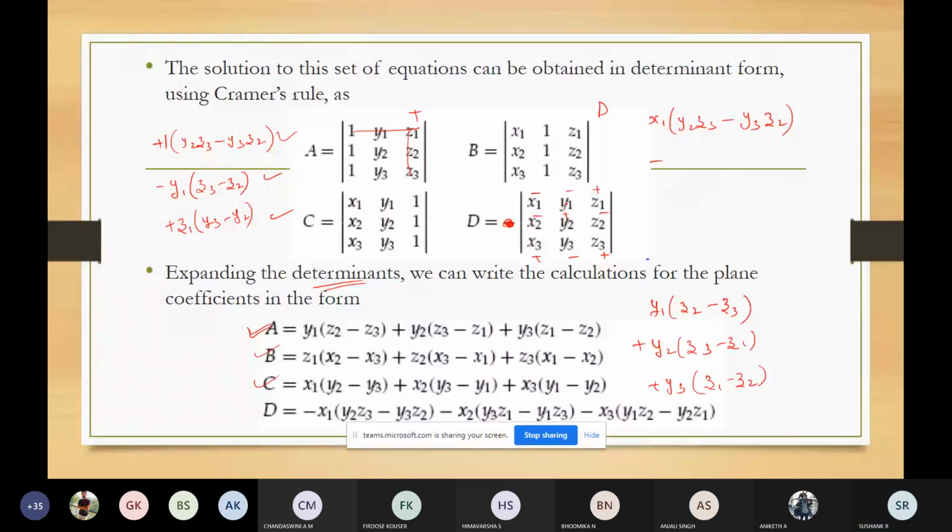So minus y1, because the sign is negative, y1 into x2 z3 minus x3 z2. So this term is also done, plus z1 into x2 y3 minus x3 y2.